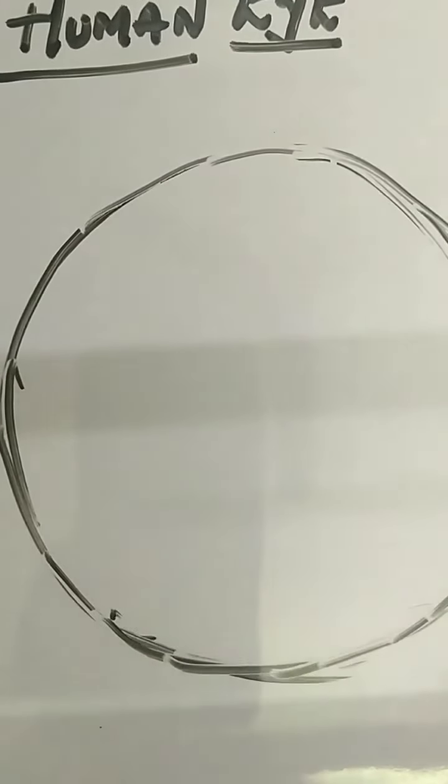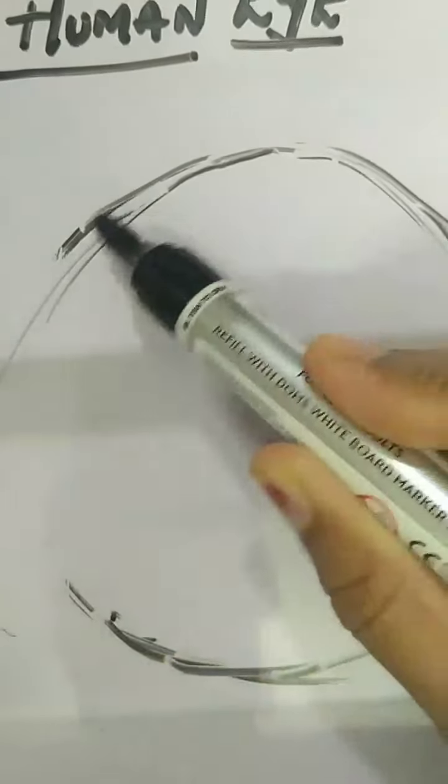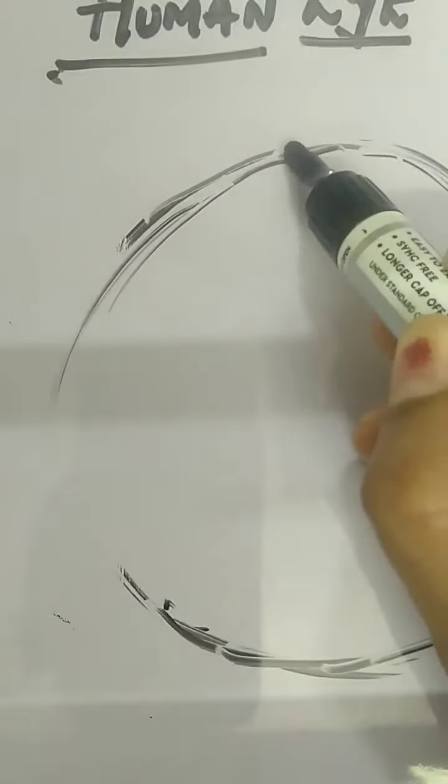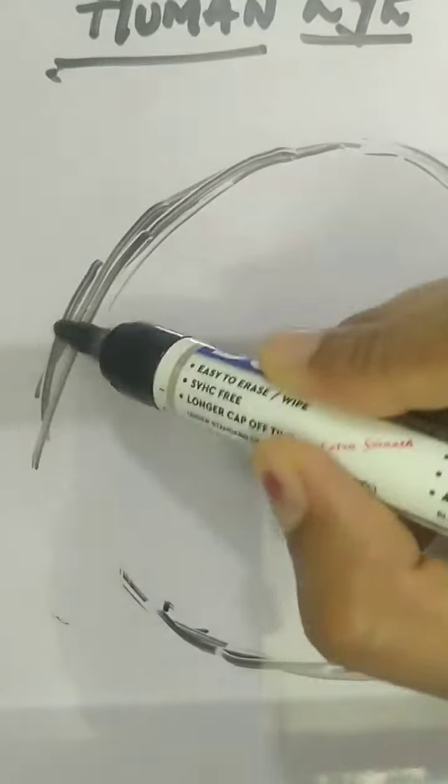Now what you will do is, you will just erase the front part of the circle and give it a bulge. Let this part be bulging. I'll just move the screen this way so that you can see it clearly. We need this part more.